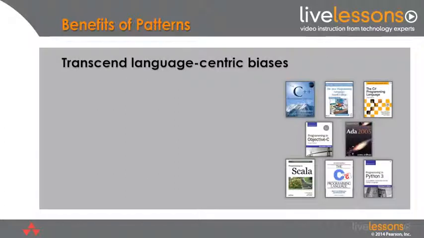Patterns also make it possible to help transcend language-centric biases. So not surprisingly, many people feel very, very passionately about the programming languages that they use to build software. And this is great. I'm a big fan of using good languages. I've used many languages throughout my career.